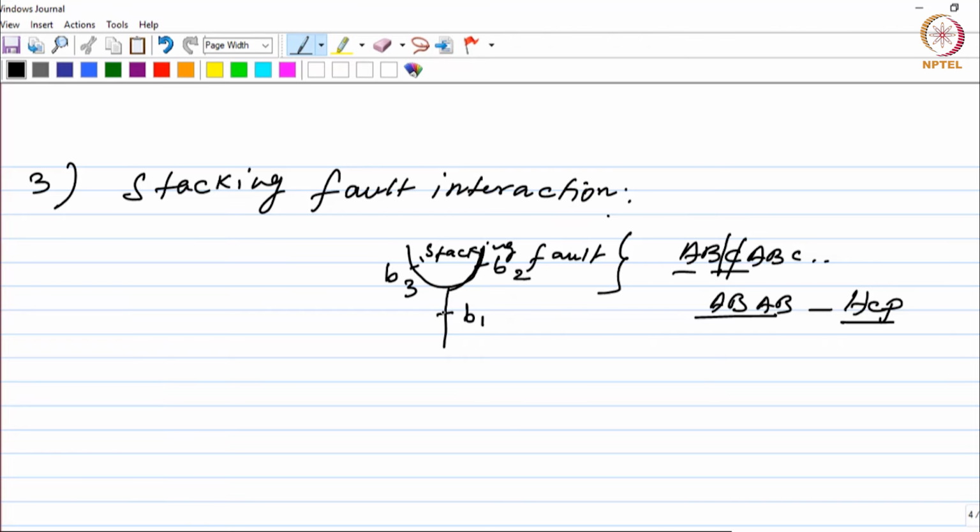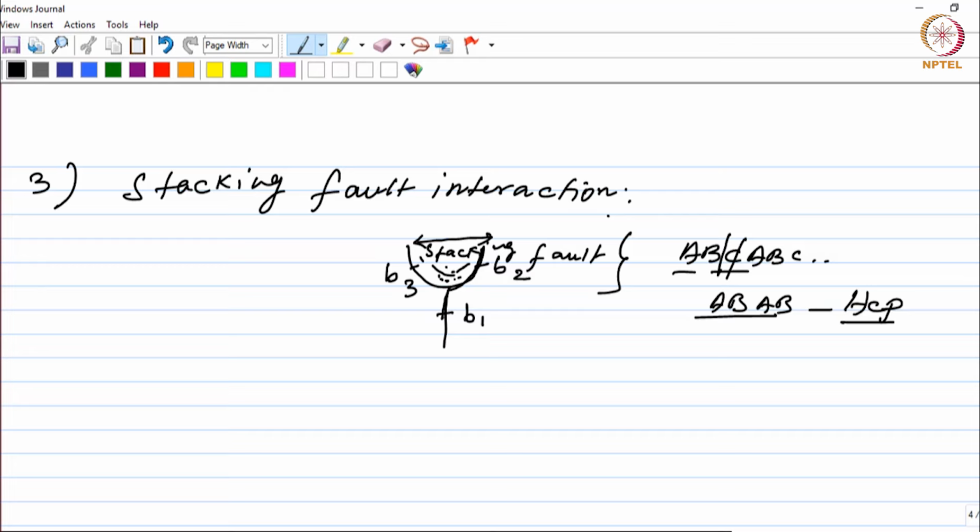So the solute atoms might preferentially segregate along this stacking fault, and therefore the constriction of these two partials into a single dislocation again will be difficult due to the presence of these solute atoms along this gap. This dislocation can only move again when you reduce this width, which is known as the stacking fault width. You have to make it really narrow so that it again becomes a single dislocation, then only can it move. The larger this width, the more difficult it is to move the dislocations, right?